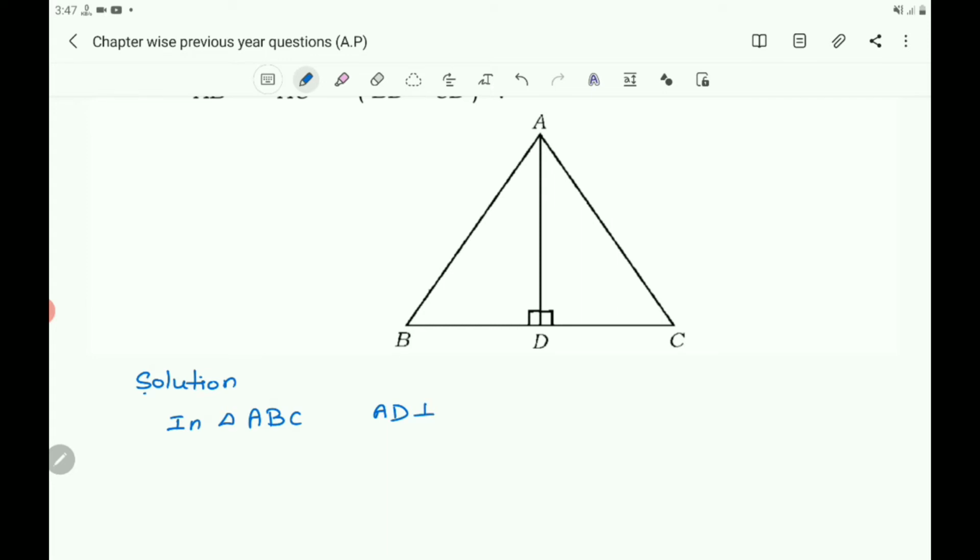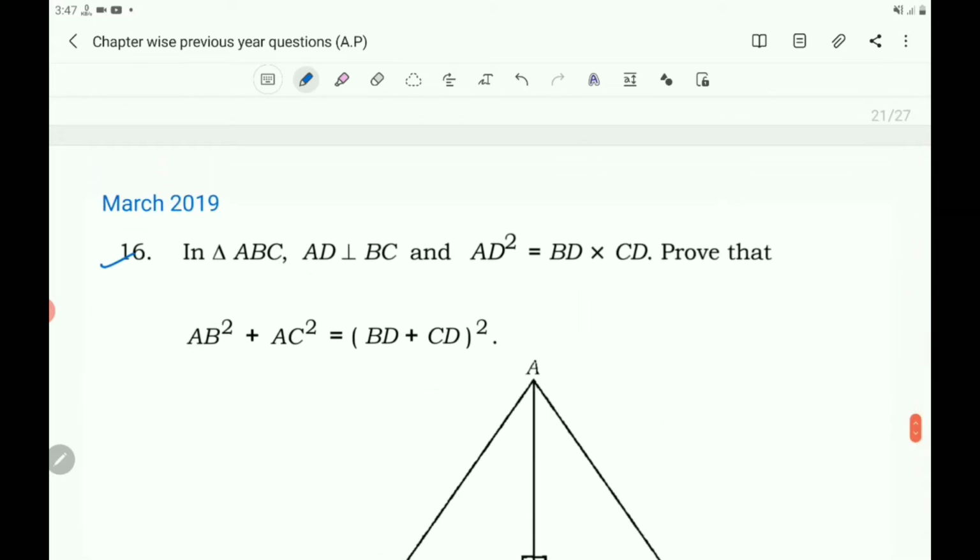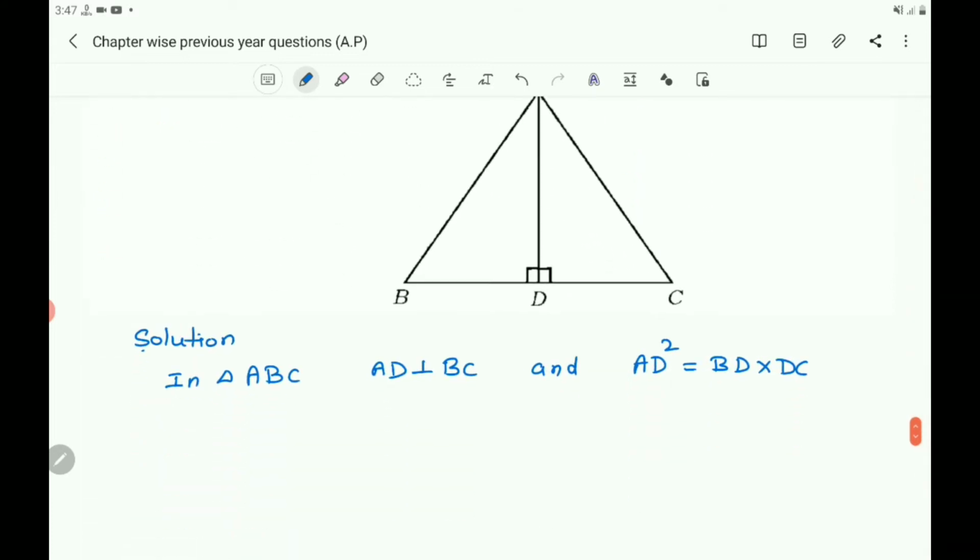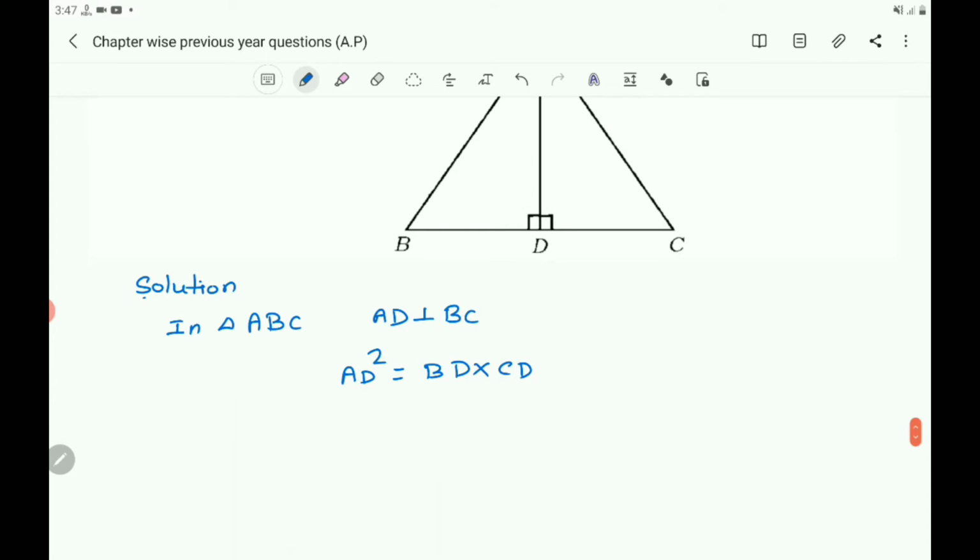AD perpendicular to BC and also it is given AD square is equals to BD into DC or BD into CD you can write. So let us write here. AD square is equals to BD into CD. Now this much is given.